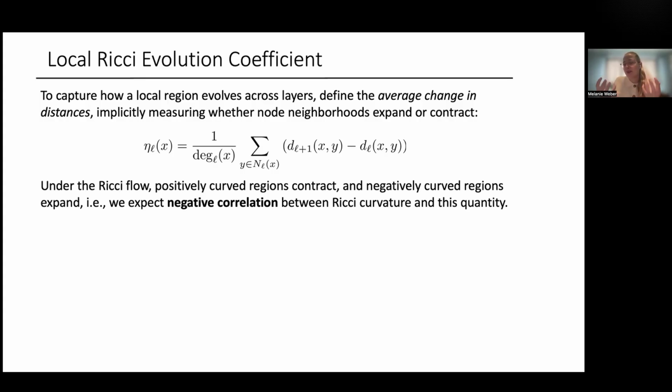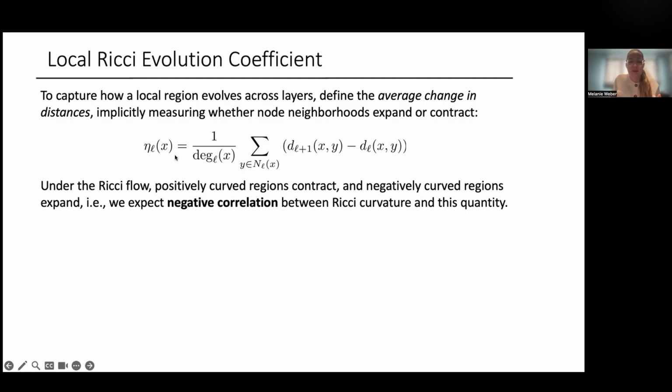And if this aligns well, that gives us empirical evidence that the kind of transformations of feature geometry that we're observing mimic something like a Ricci flow, or are in a sense guided by Ricci curvature. So the average changes in the distances: here, we're talking about the shortest path distances on the geometric graphs as a proxy for the geodesic distances on the underlying unobservable data manifolds.